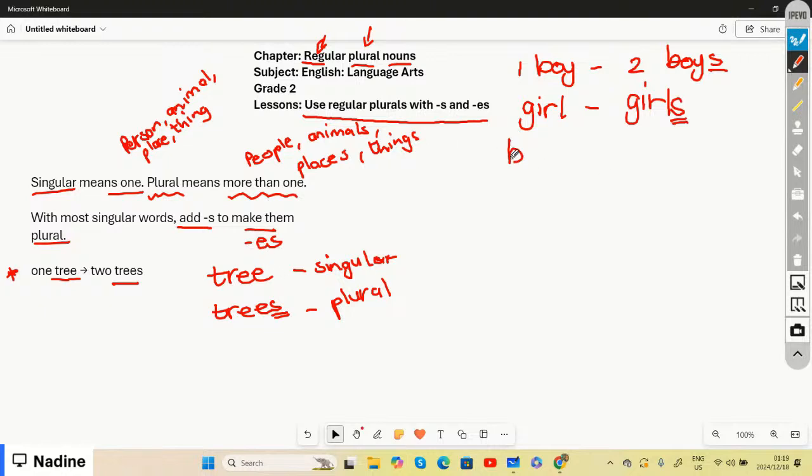Look at the word ball. If we have one ball, right? What is the plural form of the word ball? So singular is ball, meaning it refers to one. What is the plural form? More than one.